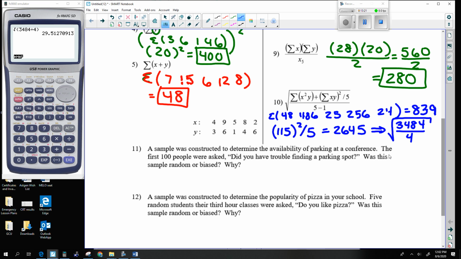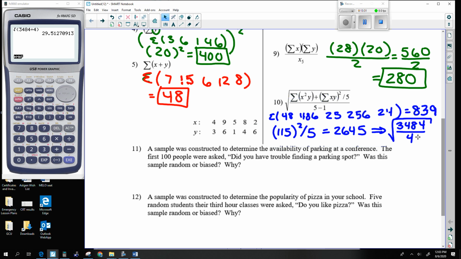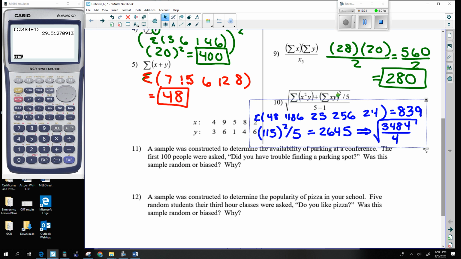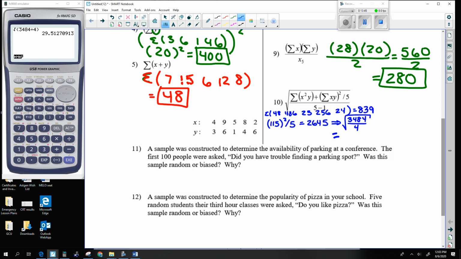And I just need to adjust my screen here so I can fit my answer in. So this is equal to 29.5127. Booyah.